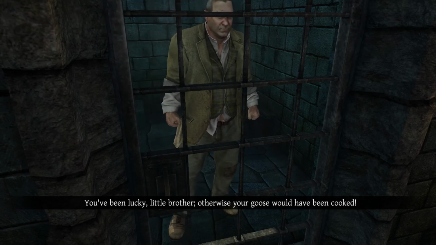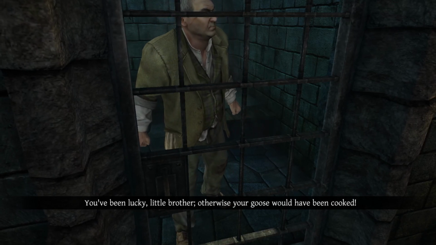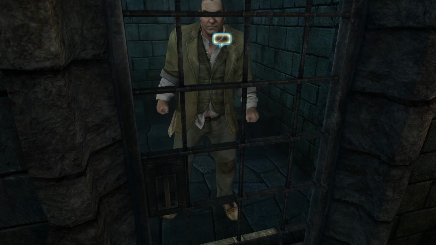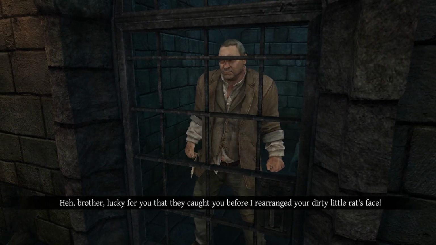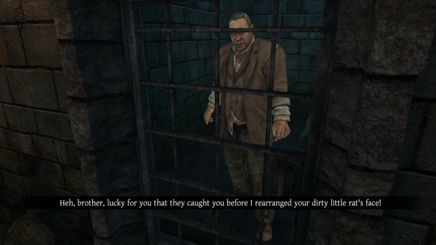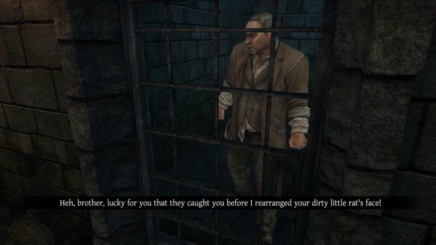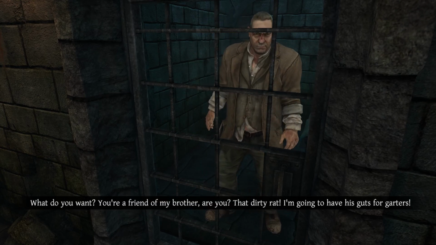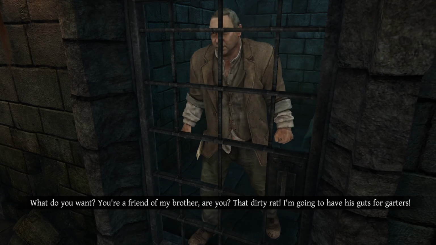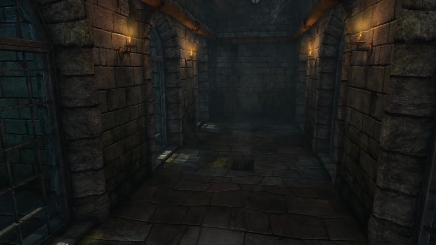Otherwise, your goose would have been cooked. Right. So nothing new, and I guess you have something also? Hey, brother. Lucky for you that they caught you before I rearranged your dirty little rat's face. That's a little uncalled for. What do you want? You're a friend of mine. Okay, nothing new.